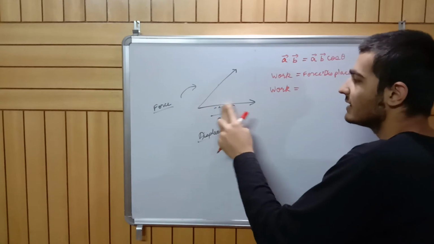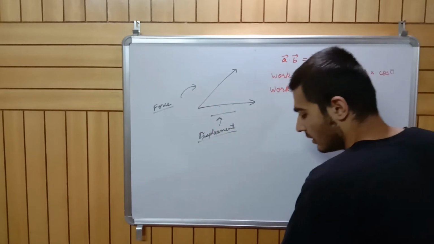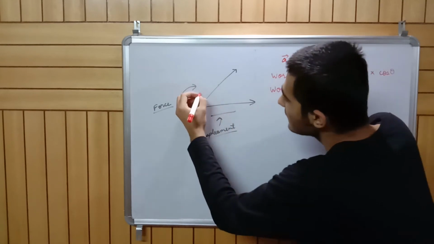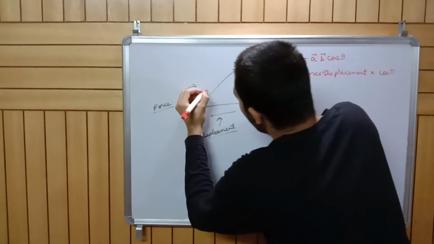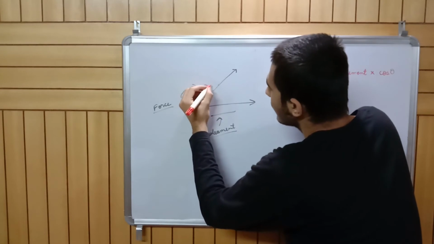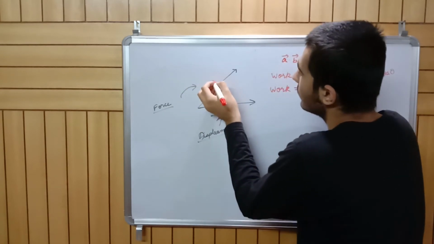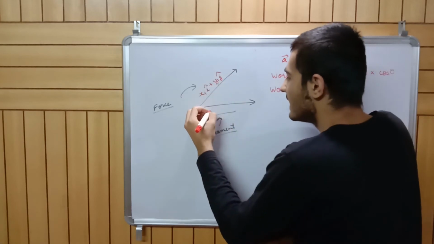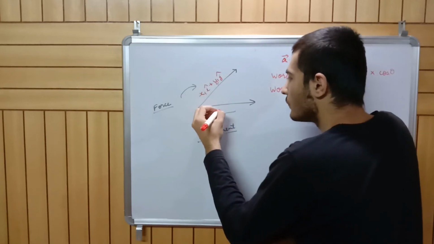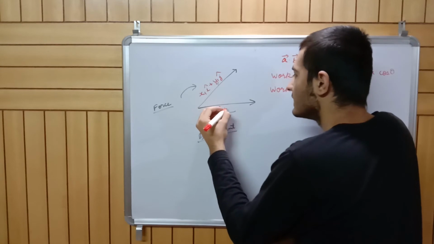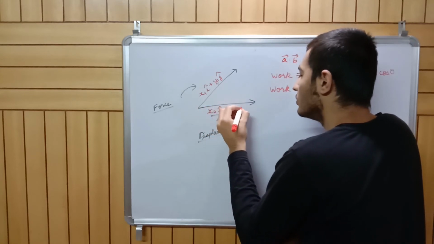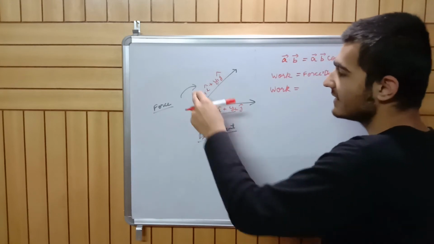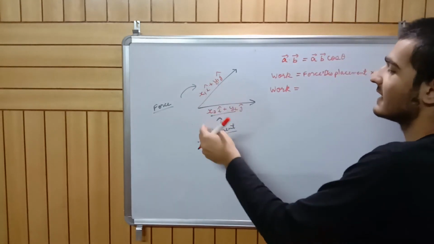Let us take a general case, and let's say the force is x1 i cap plus y1 j cap, and the displacement is x2 i cap plus y2 j cap. Clear? So these are my two vectors in general form: force vector and displacement vector.